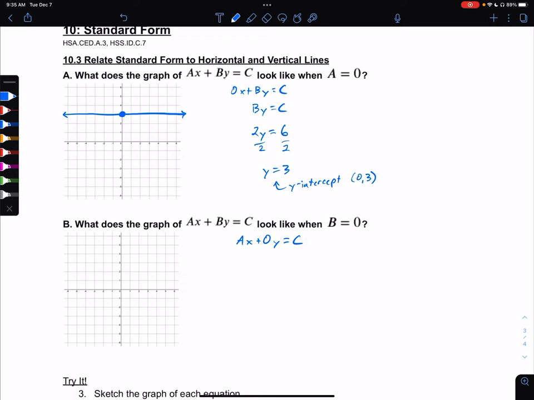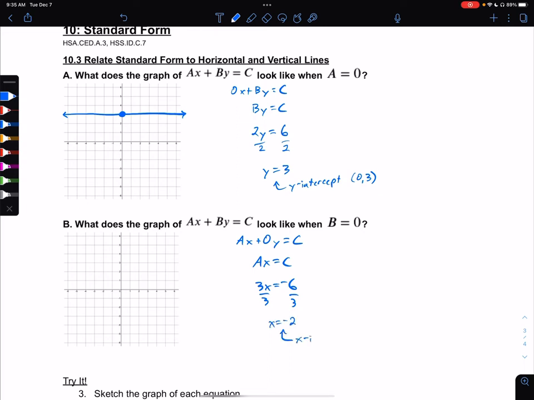So 0y would drop out, and we would be left with ax equals c. So let's pick a value for a and c, and let's say 3x equals negative 6. This is an equation we can solve. We would divide by 3, and x equals negative 2.